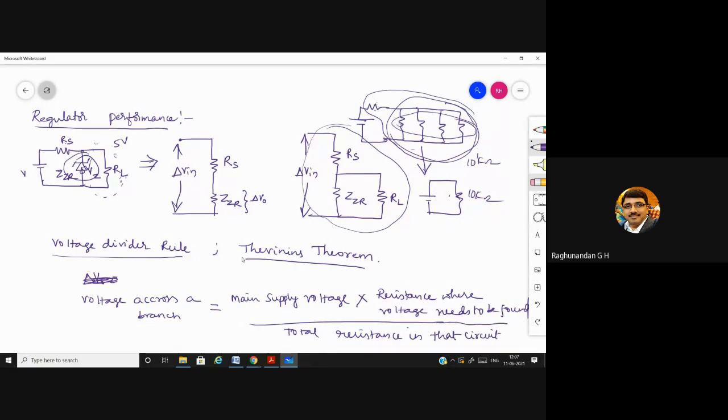This is the formula. If you remember this formula, you can apply the voltage divider rule to any circuits given. You will not have any doubts. You just have to substitute.